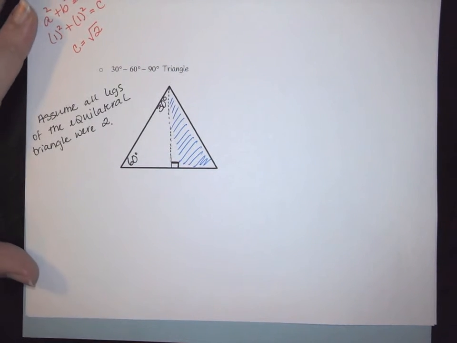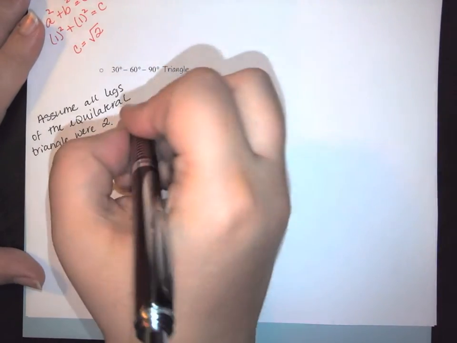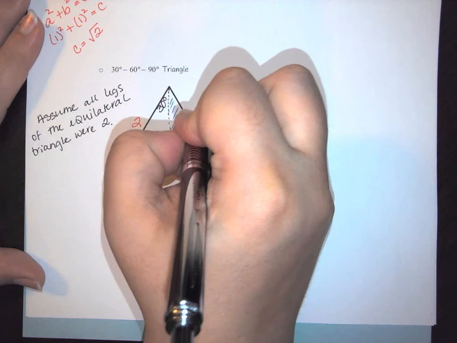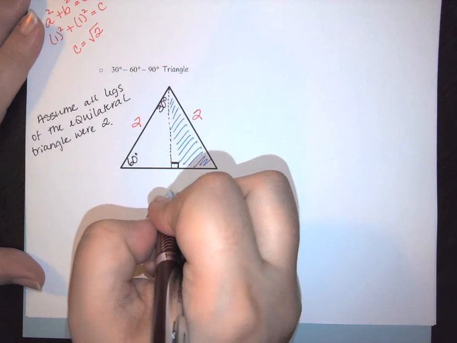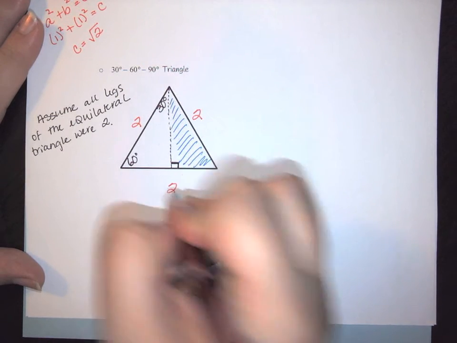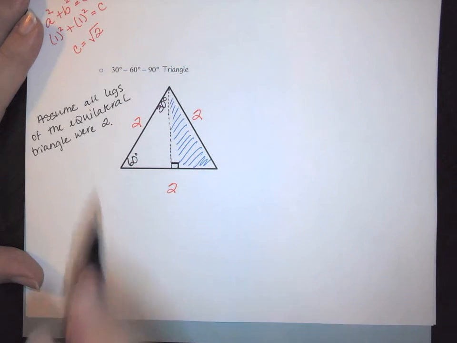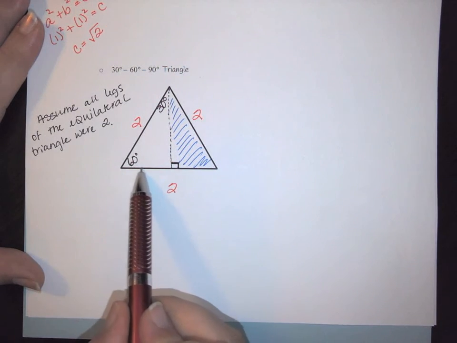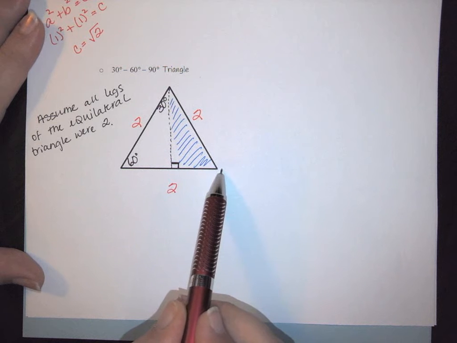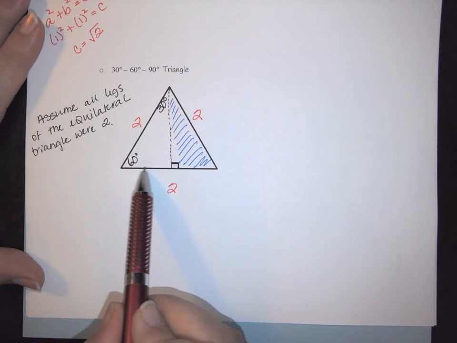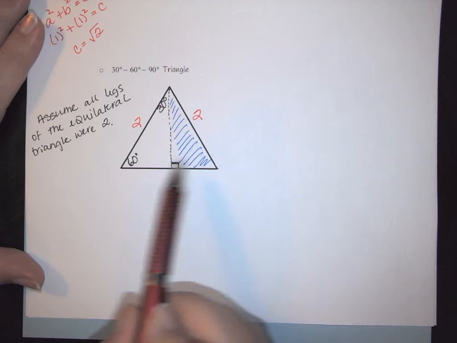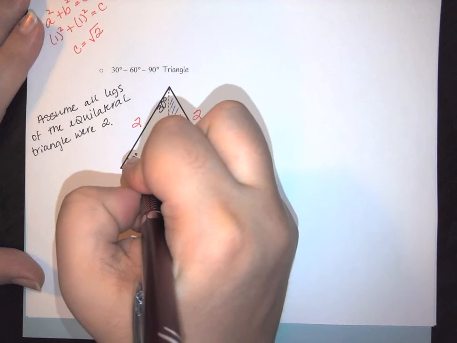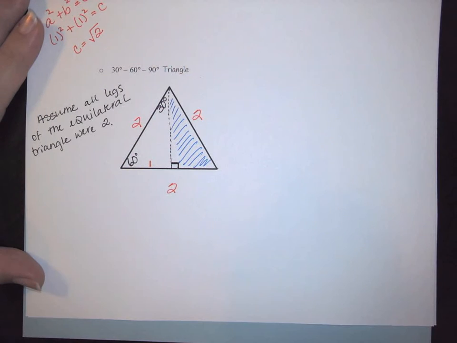So I am assuming that this big side is 2, that makes this big side 2, that makes this big side a 2. Now, if this length down here was cut in half, and this length right here was a 2, then this little piece right here has to be a 1.